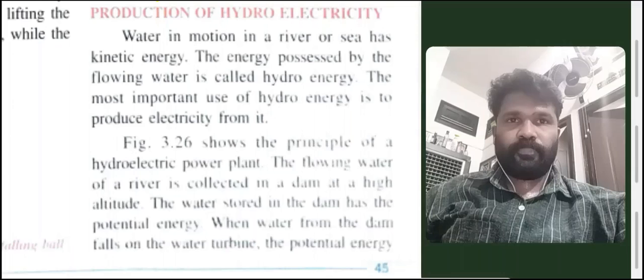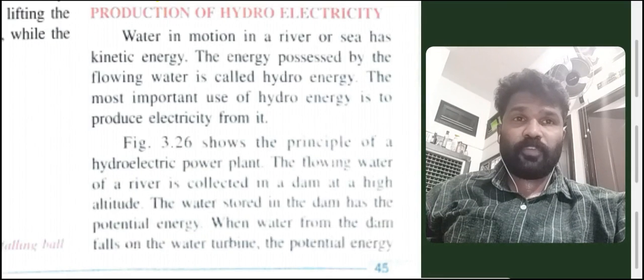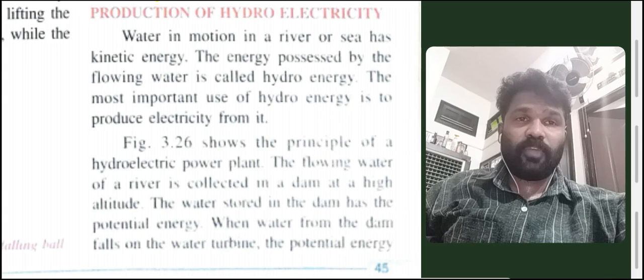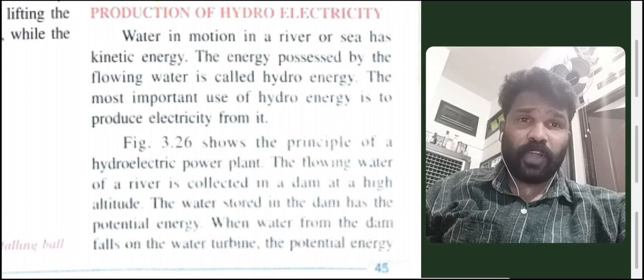Okay students, now we are going to discuss the production of hydroelectricity. Water in motion in a river or sea has kinetic energy.